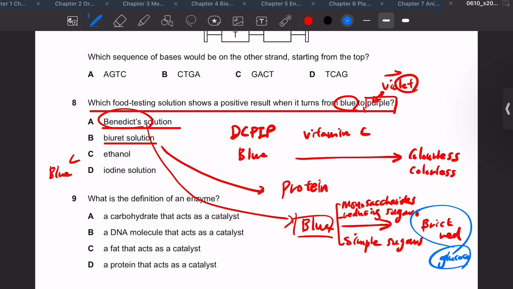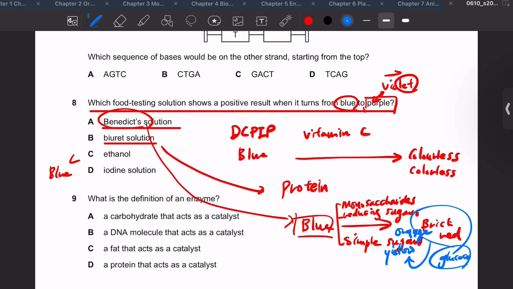If there are less glucose molecules, then it's going to change into orange.